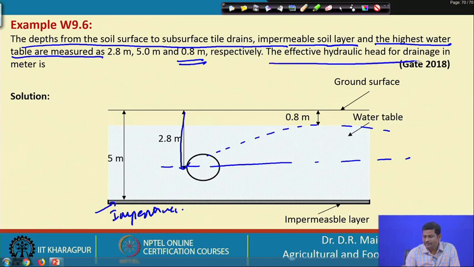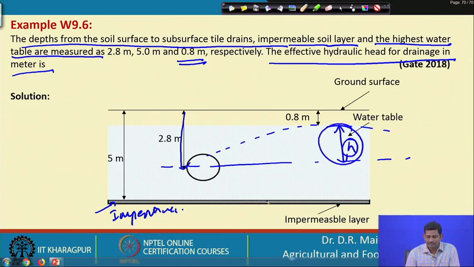So, the effective hydraulic head for drainage in meters is. So, what is effective hydraulic head? How do you get it? So, this is 0.8 meter. So, the hydraulic head will be, this is h.